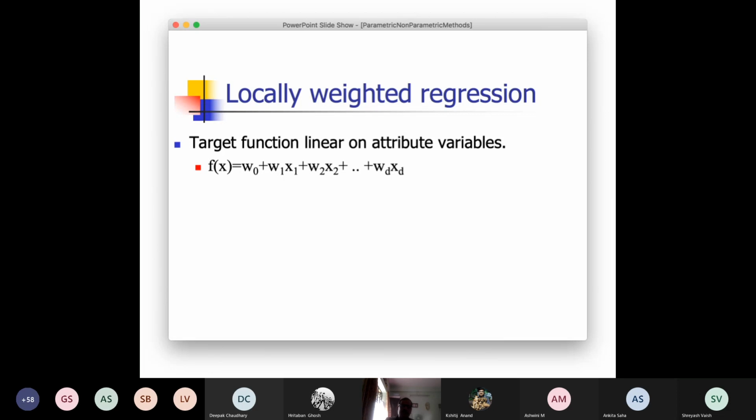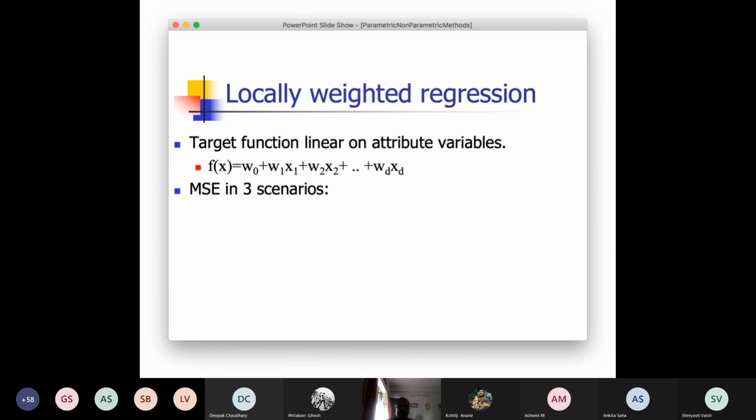We will also be considering a regression problem, but it is a locally weighted regression, which means this function could also be piecewise continuous, so you can have a local fit around x.